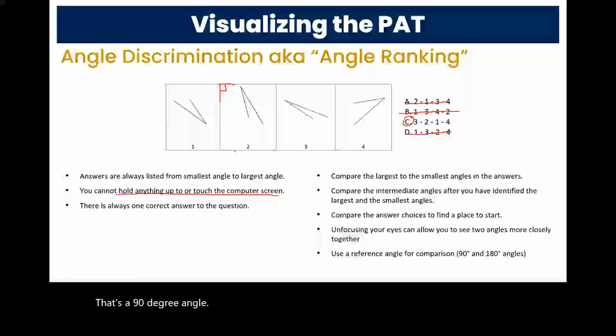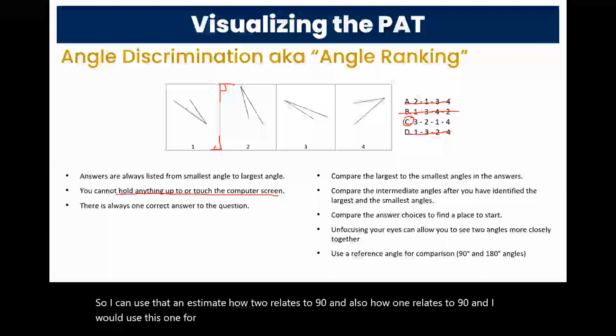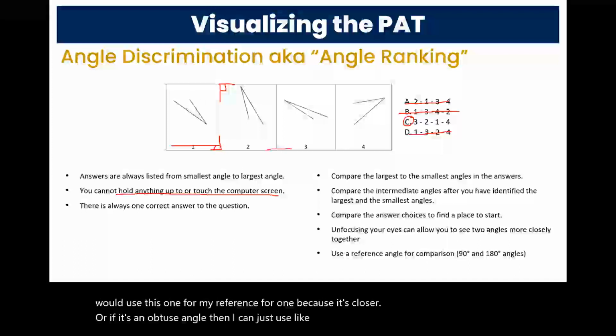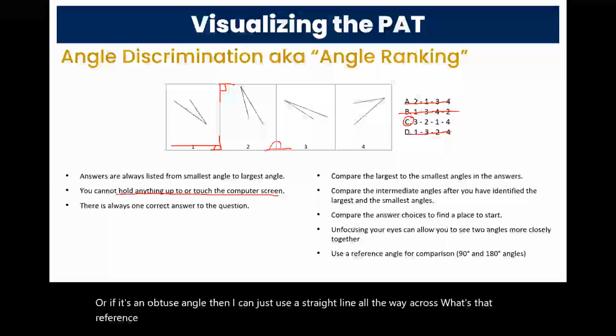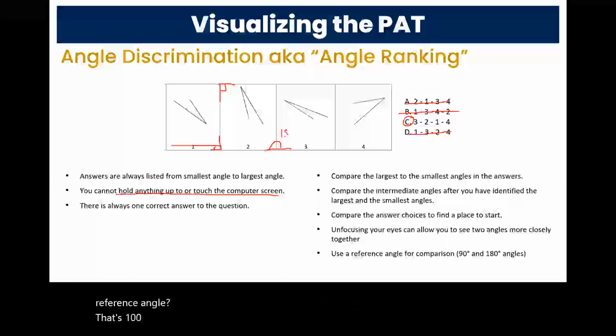So I can use that and estimate how 2 relates to 90 and also how 1 relates to 90. And I would use this one for my reference for 1 because it's closer. Or if it's an obtuse angle, then I can just use a straight line all the way across. What's that reference angle? That's 180 degrees. So I can use those nearby reference angles to help do comparisons.